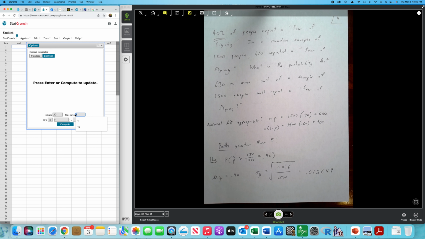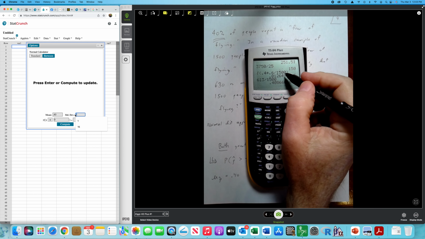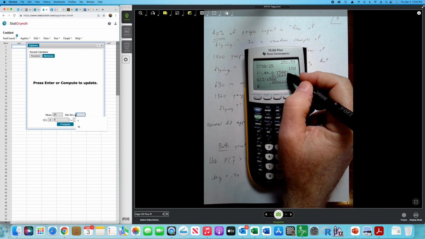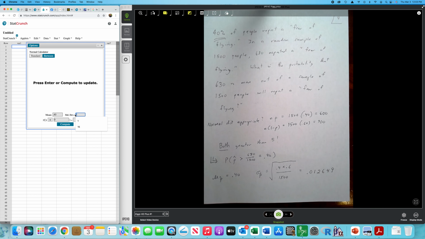Well, I'll tell you what, I did it. You can see it on my calculator right there, right? So 0.4 times 0.6 divided by 1500. Notice I didn't close that parentheses right there because I want all of this under the square root. And it turns out to be 0.012649. I always go out to about 6 places on these standard errors. That way you get a more technically accurate answer.